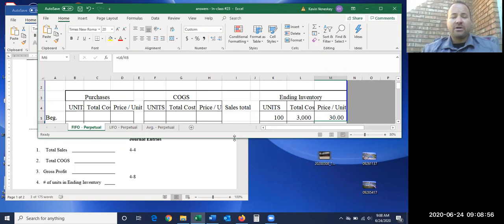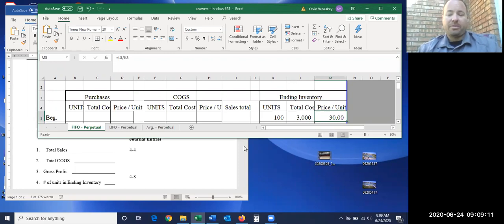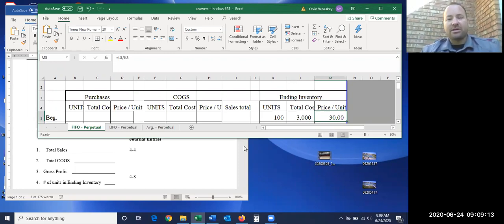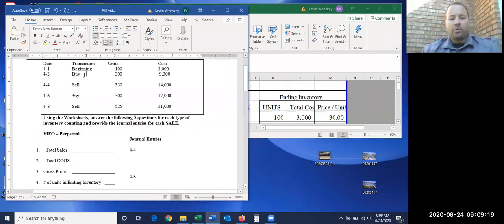And I'm going to need to know that as the business owner, so when I go and sell them, I'm going to be selling them for more than 30 bucks, and then it just depends on how much profit I want to make. 50% profit, that's going to put me at $45 sale price. It all depends on how many units I sell, how much in sales transactions I'm going to get over the course of the day.